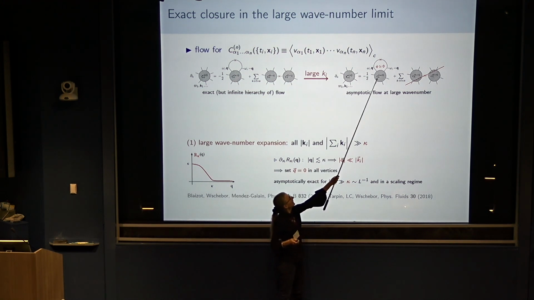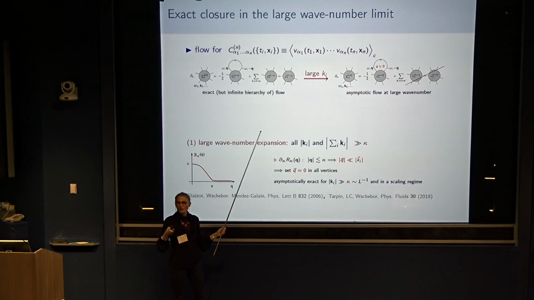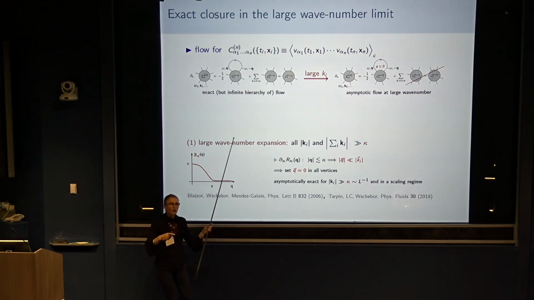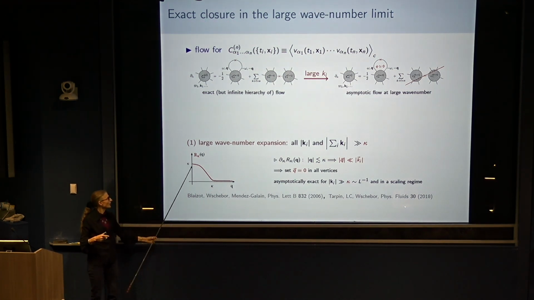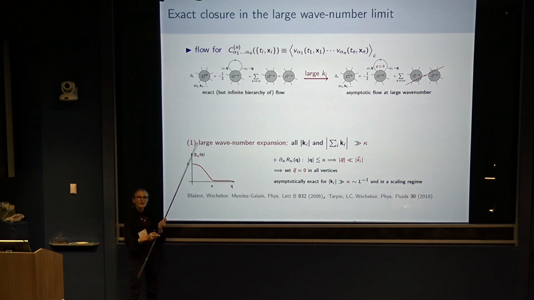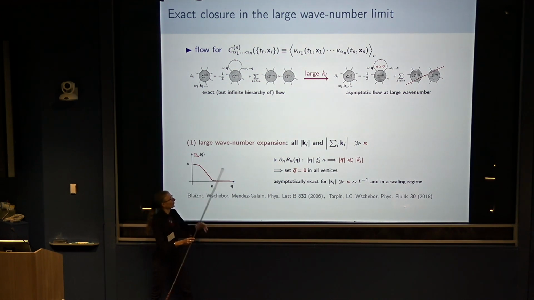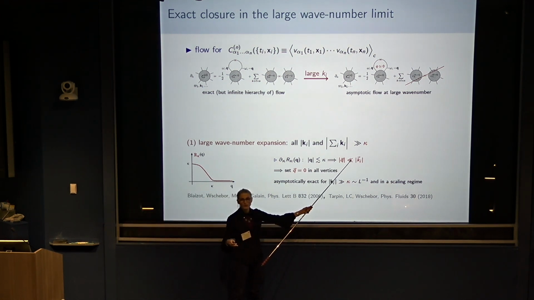And here, in the other thing, in fact, the loop means that you have an integral over q. But this integral, by construction, is cut at your RG scale here. So it means that q is bounded from above by k. So now if you consider an external k which is large, then q is negligible with respect to this external momentum.